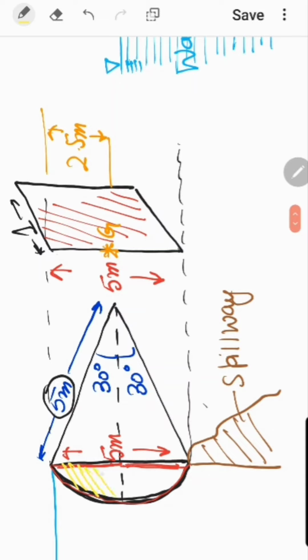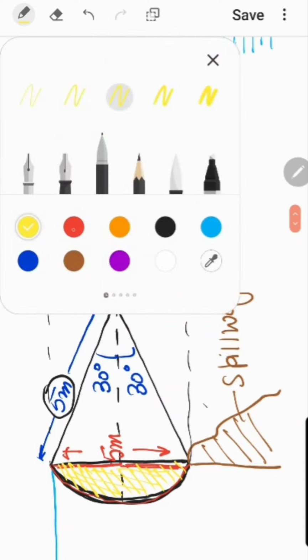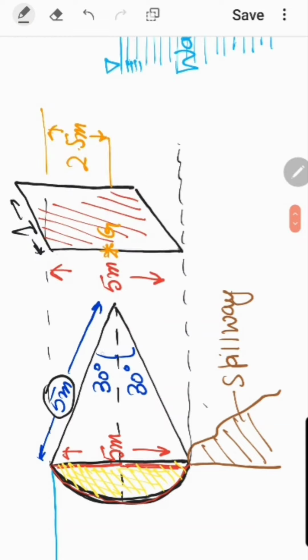Now to find the weight of the fluid contained by this yellow color portion, we need to find the area of this yellow color portion. But to find that area, first of all we need to find the total area of the sector that I am highlighting here.